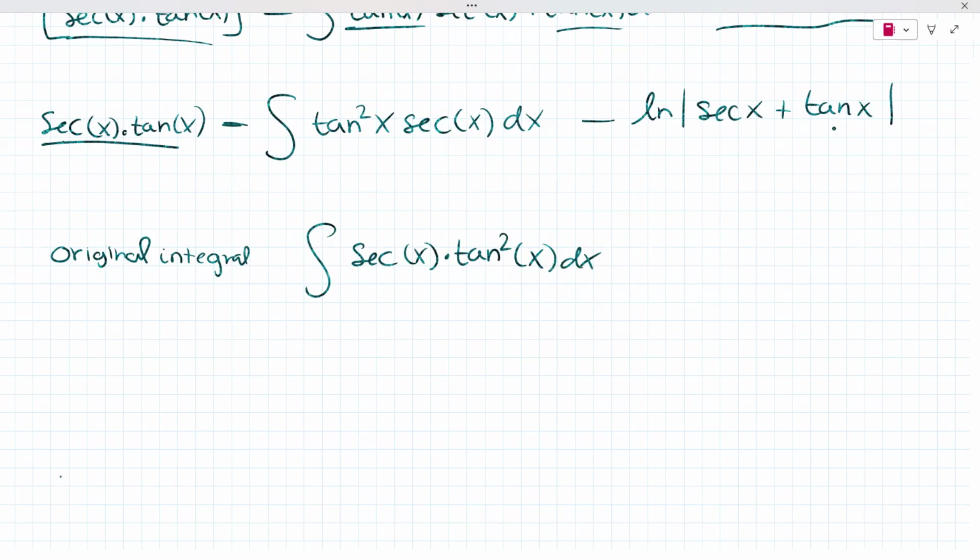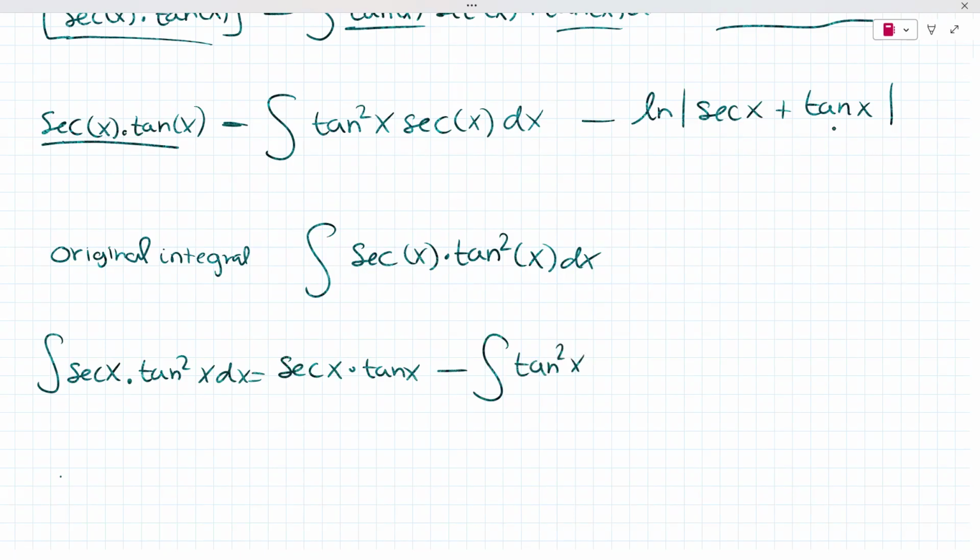So our original problem was the integral of secant of x times tan squared of x dx, and that's going to equal secant of x times tan of x minus the integral of tan squared of x secant of x dx minus this whole thing.